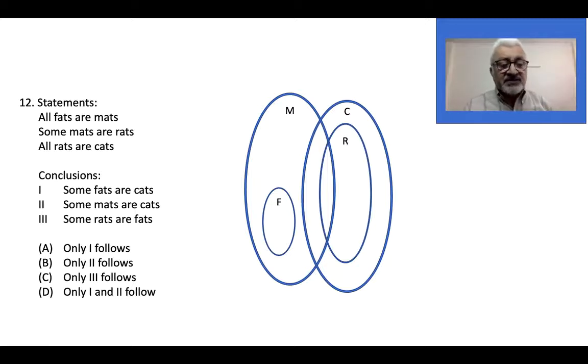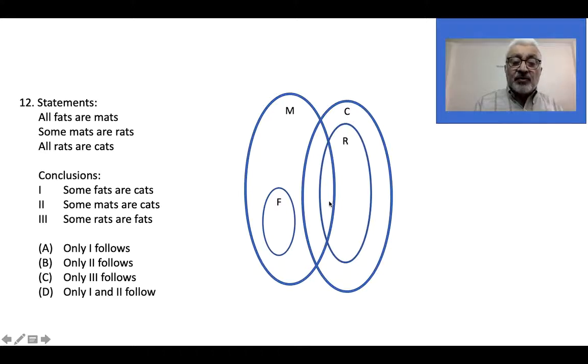Now, explore this. It says that mats have a relation with rats. All right. So mats and rats have an overlap. Okay. So this is the overlap that we are talking about. All right. Now this overlap, is this also a part of cats? Because rats are inside cats.